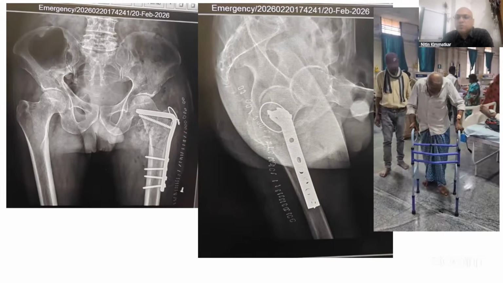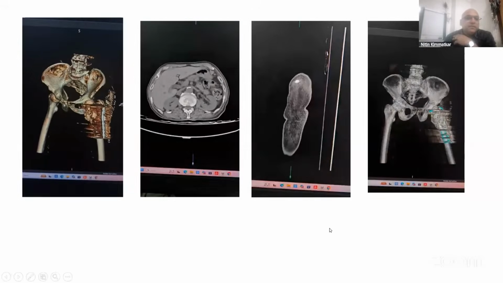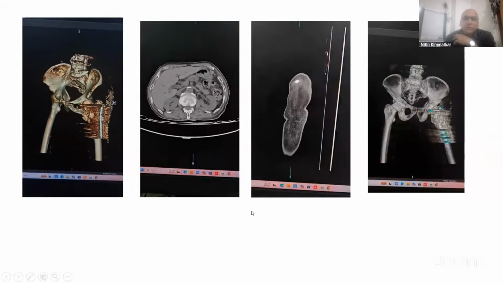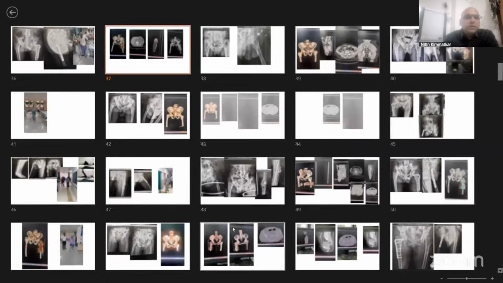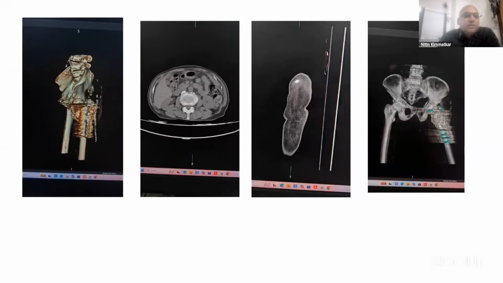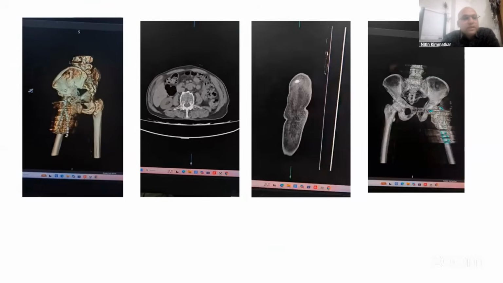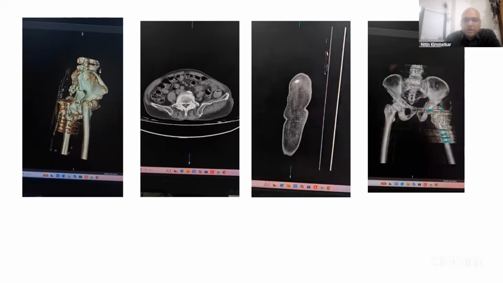This is 5 days old mobilization, and this is his post fixation CT scan. Which shows that implant is in position, and you can see that this cerclage wire is holding his greater trochanter fragment.